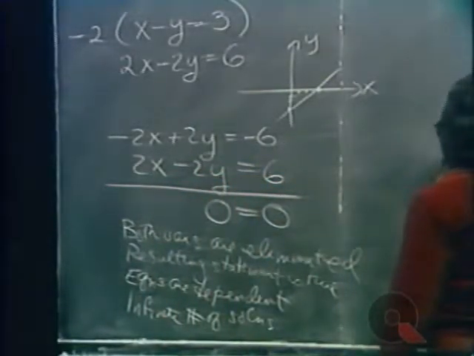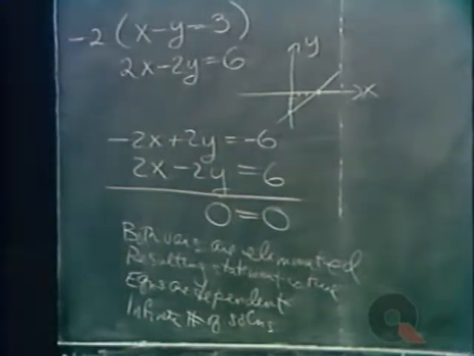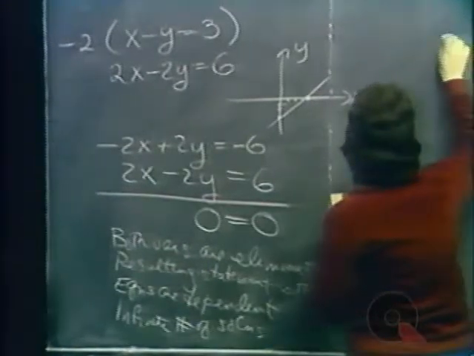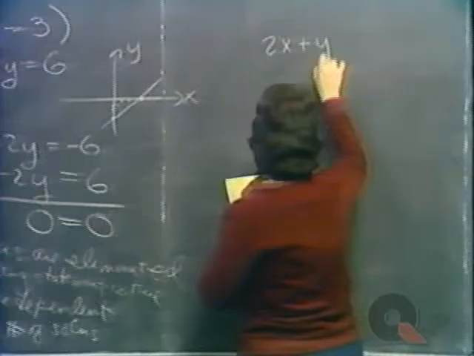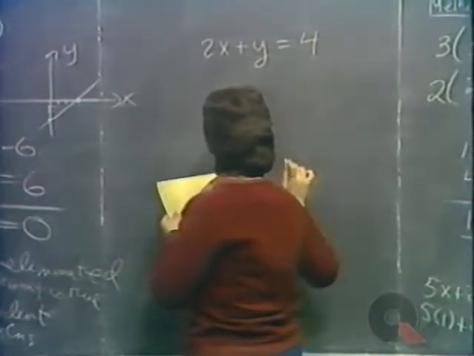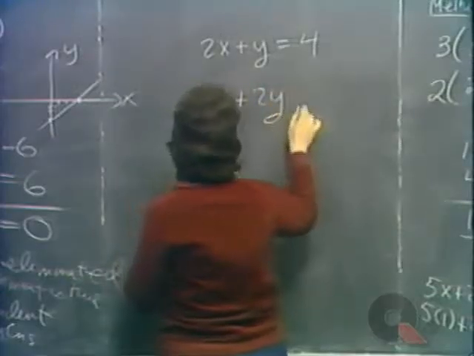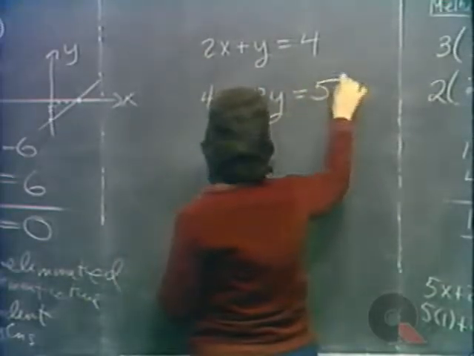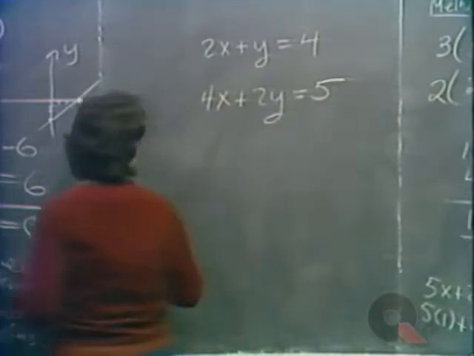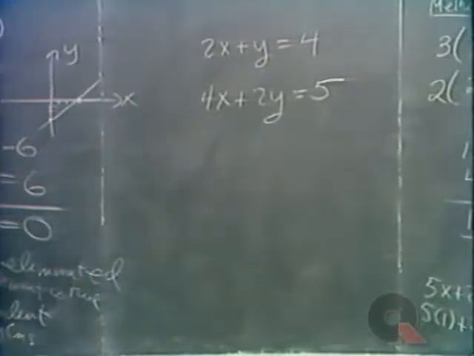Okay, let's consider another system of equations. 2x plus y equals 4, and 4x plus 2y equals 5. Once again, I would like to solve this by the method of elimination.